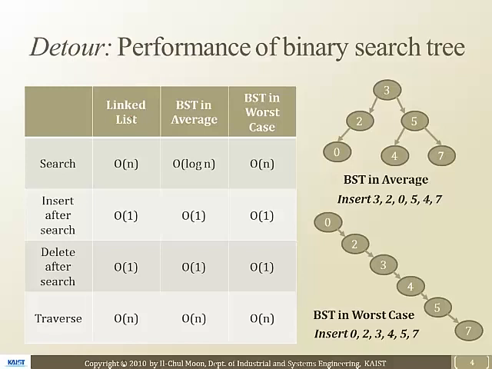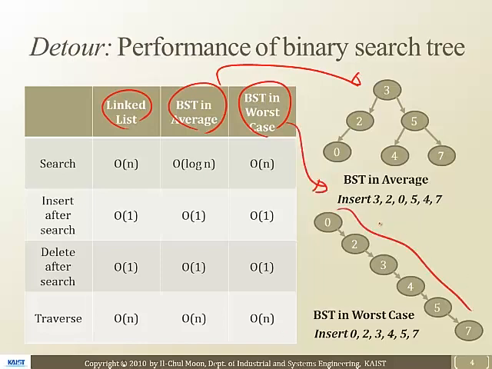So far we have the linked list and the binary search tree, in the average case and the worst case. In the worst case, the binary search tree is almost equal to the linked list.